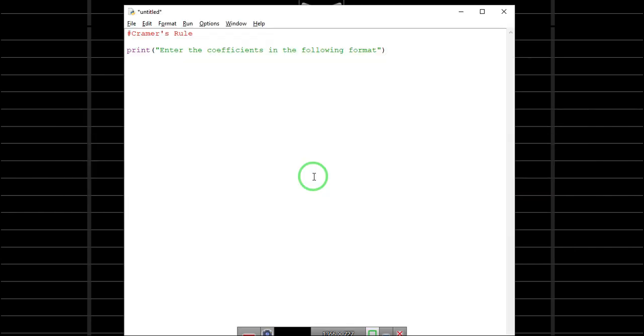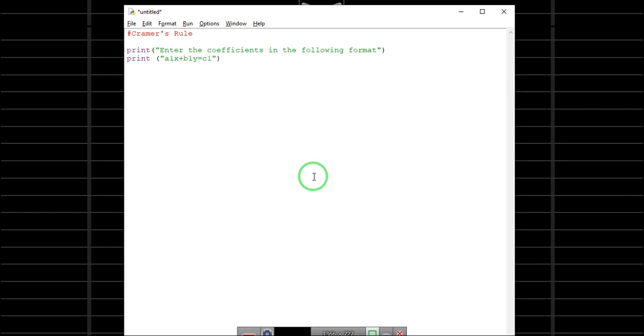Print. Let us print the equation in that fashion. We will write a1 directly: a1 into x plus b1 into y is equal to c1.